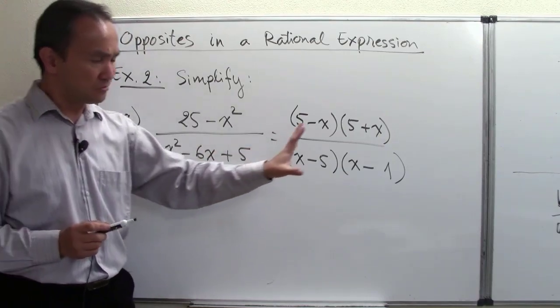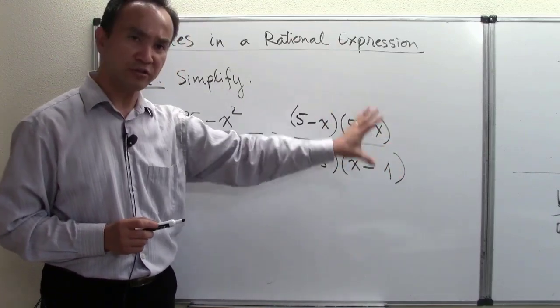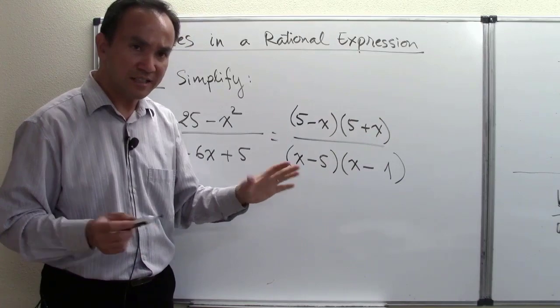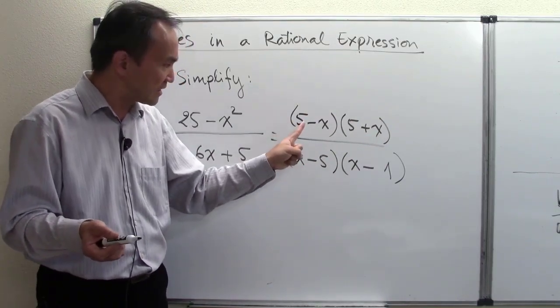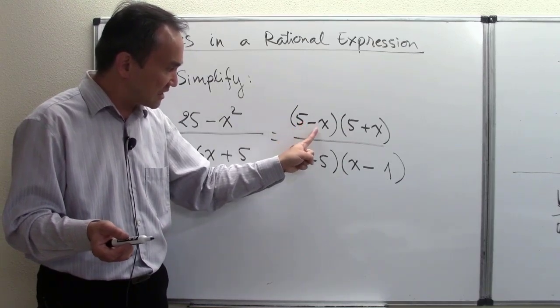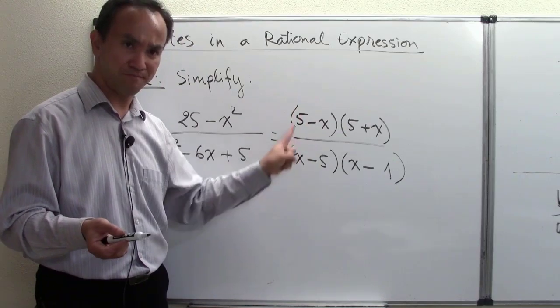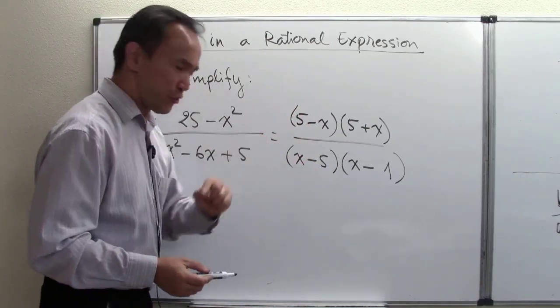Now, at first sight, after completely factoring the numerator and the denominator, I didn't see any common factors. But looking a little closer, I recognize, hey, wait a minute, 5 minus x and x minus 5 are opposites. They are opposite factors. So now you have your choice.